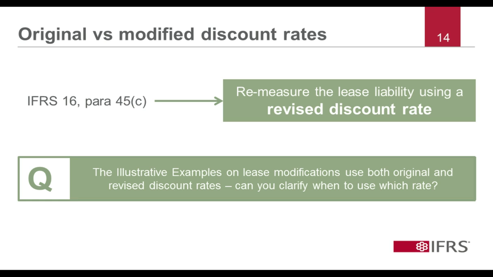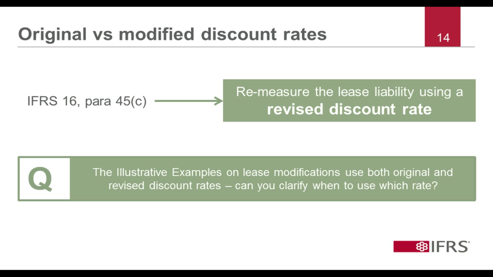So the next topic we've heard questions on is discount rate. IFRS 16 is clear that when calculating the modified lease liability, a lessee uses a modified discount rate. This would be either the rate implicit in the lease for the remainder of the lease term at the point of the modification, or if that's not readily determinable, then the lessee's incremental borrowing rate at the effective date of the modification.